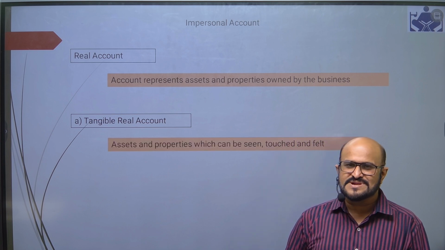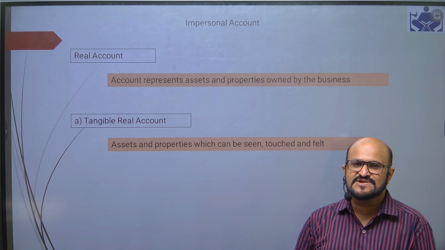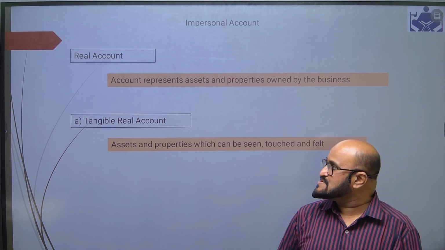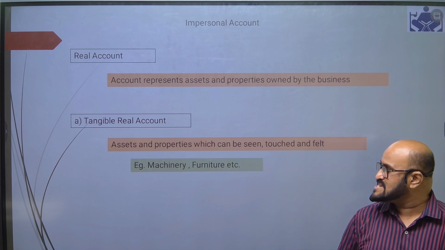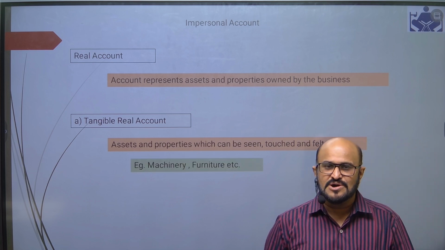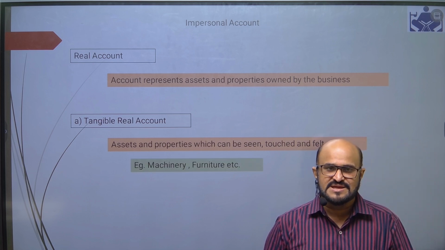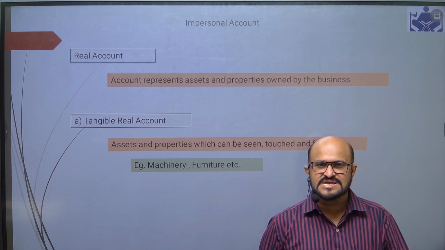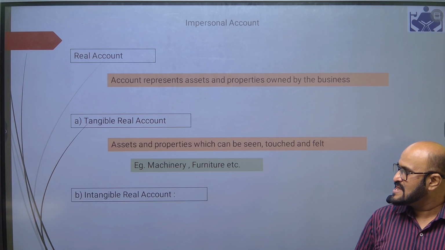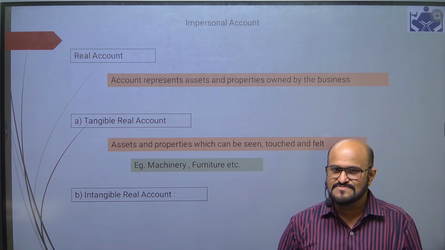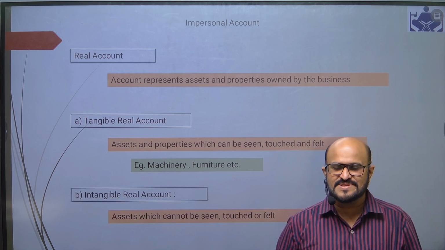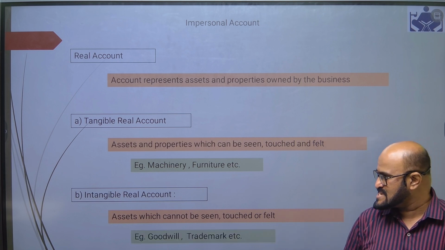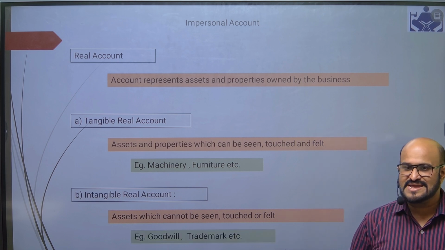Tangible assets, properties, basically which we can see, feel and touch, are called tangible real account, like machinery, furniture, building, computer, which we can touch, we can feel, or we can also see. The second one is intangible real account, which cannot be seen or felt, but definitely it has some value which is adding to the organization, like goodwill, trademark, etc.